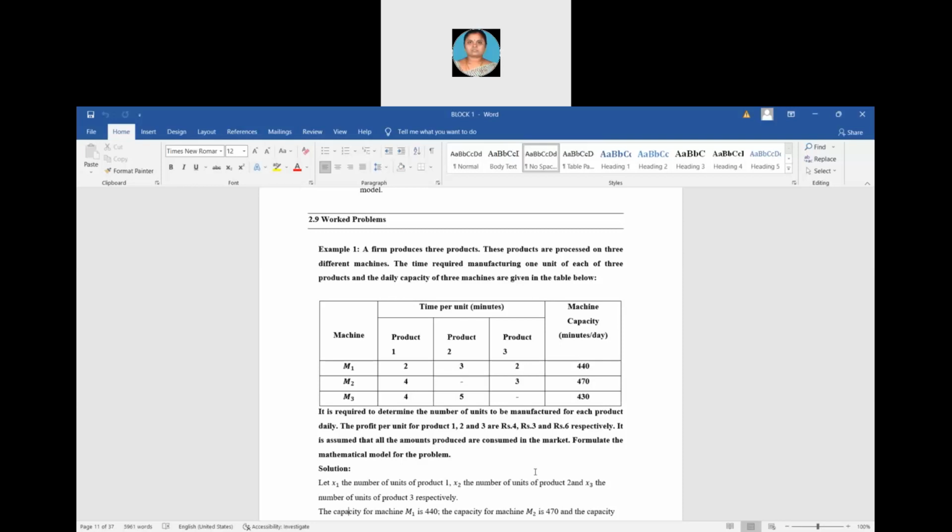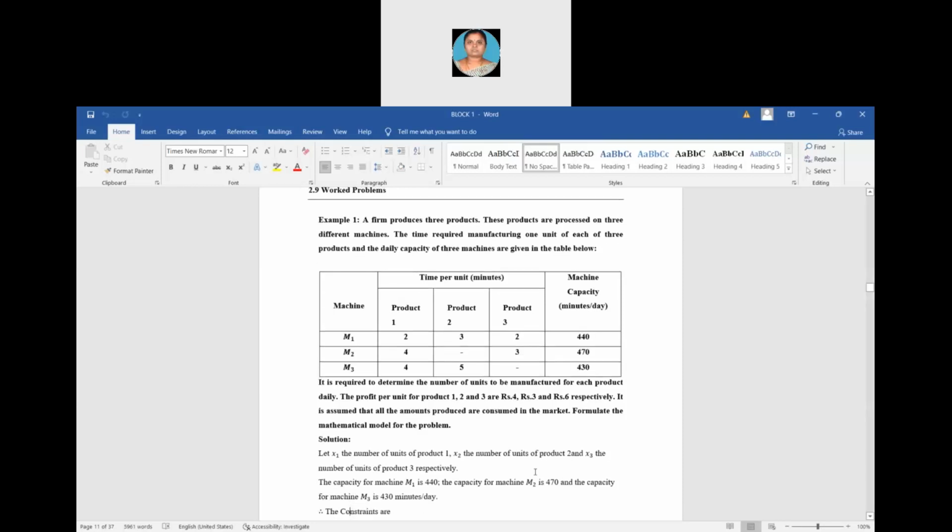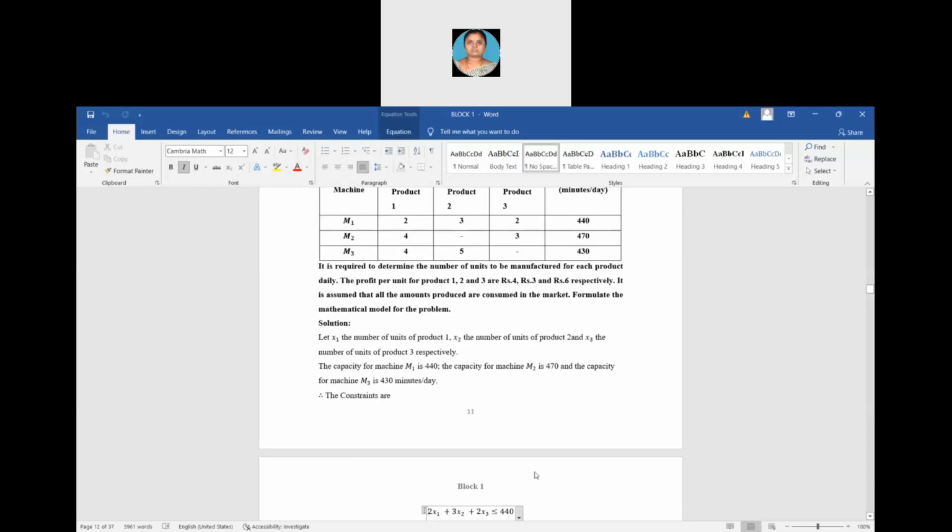So the profit is already given, and the products produced by machines 1, 2 and 3 are given, and also the capacity for the machines is given here. Now we can see how they are framed in terms of the mathematical model. Your solution: you have to give some decision variables. Your major thing is the products.